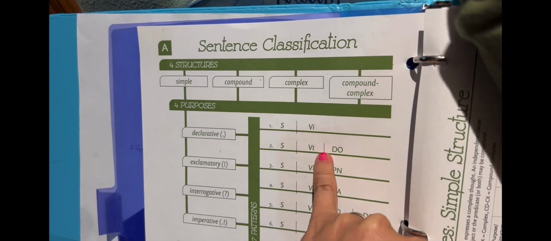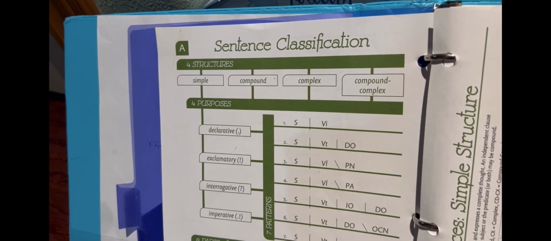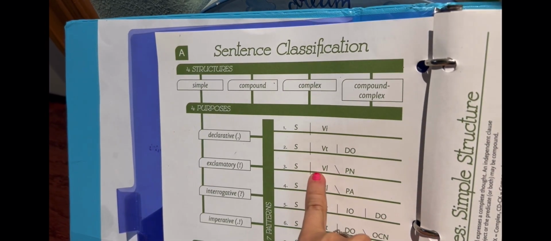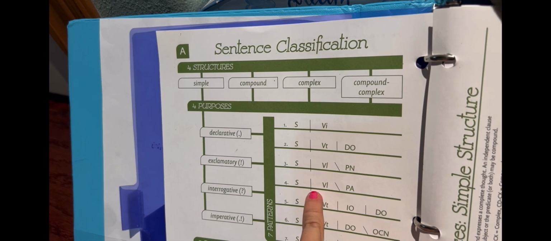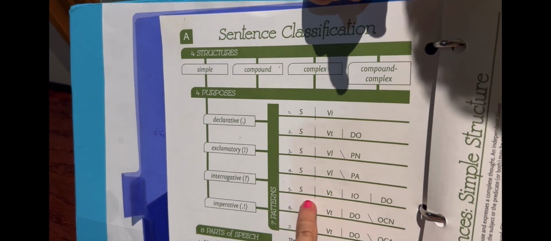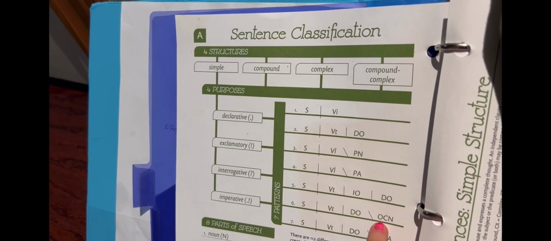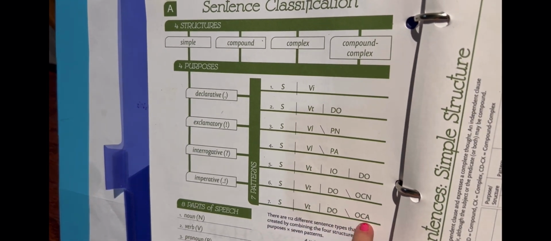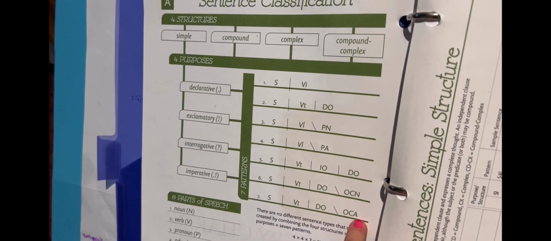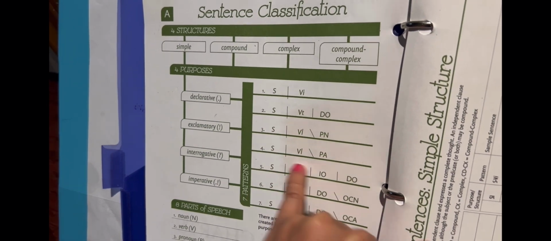Subject, verb, direct object. Subject, verb, link, and predicate nominative. Subject, verb, link, and predicate adjective. Subject, verb, indirect object, direct object. Subject, verb, direct object, object complement, noun. Subject, verb, direct object, object complement, adjective. Remember, if I don't say what kind of verb it is, assume that it's a transitive verb.